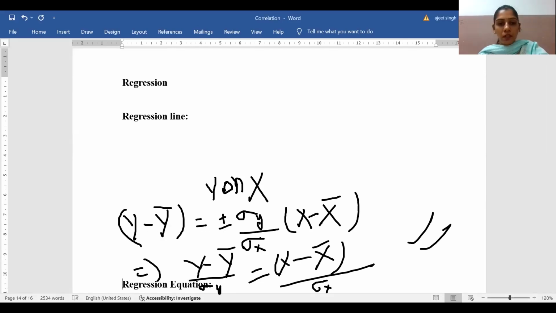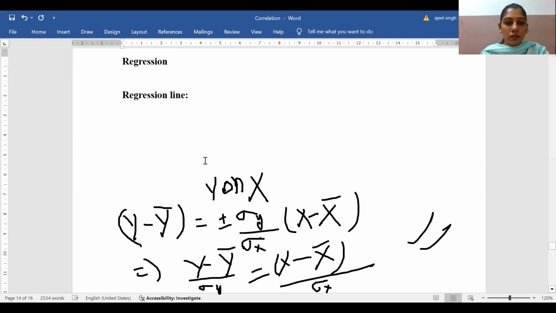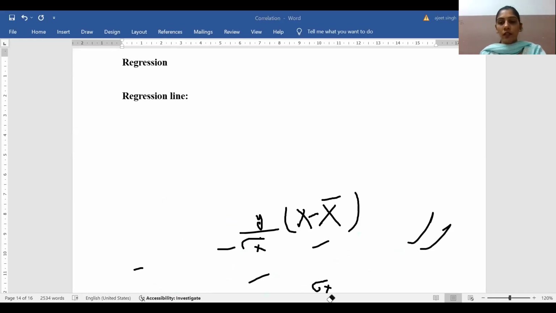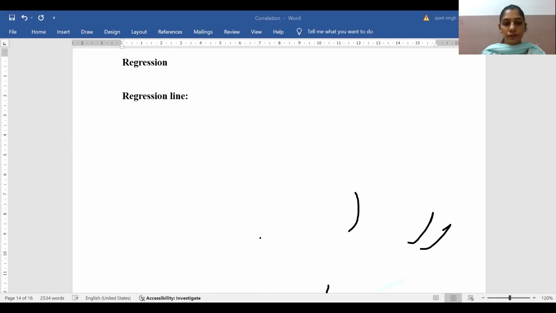Now let's draw the second equation also, x on y, as this one is y on x. Now let's draw the other equation, which is x on y.